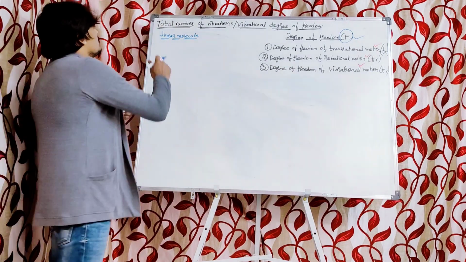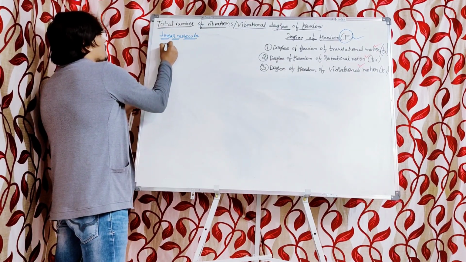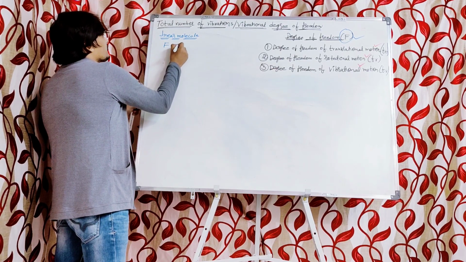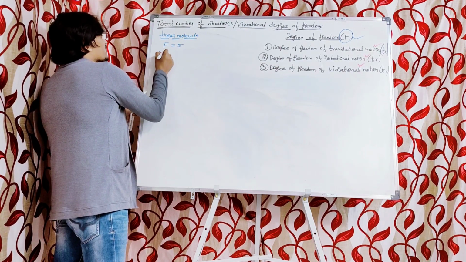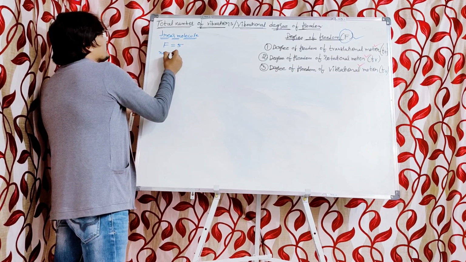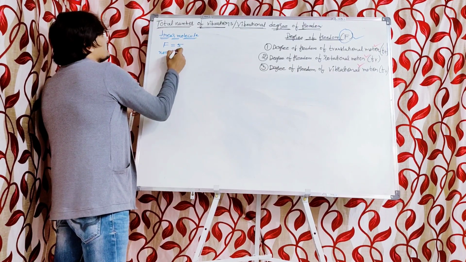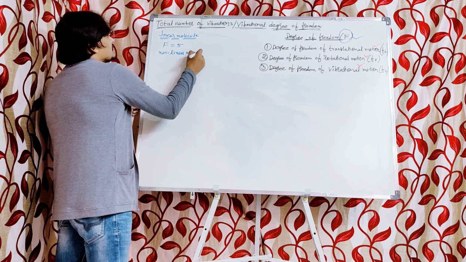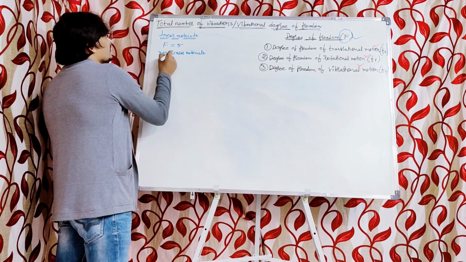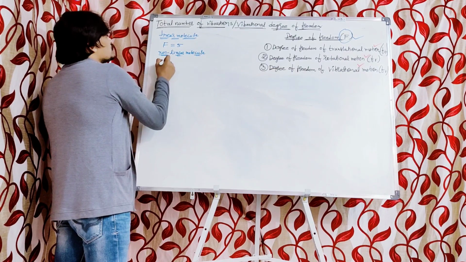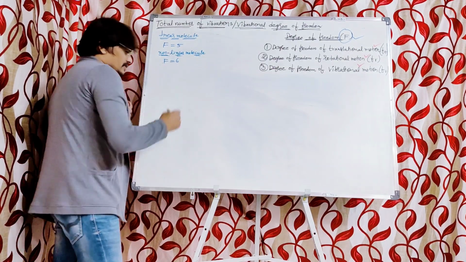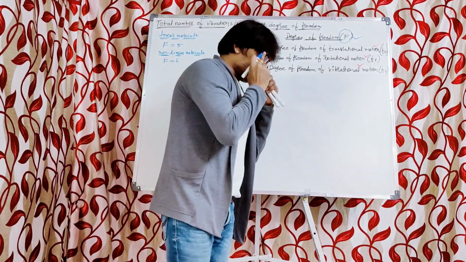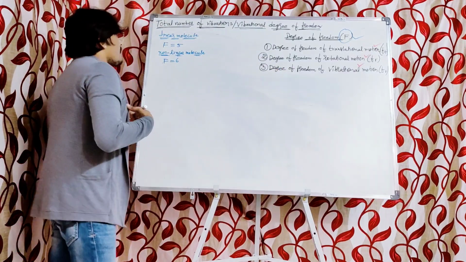So F is equal to 5. For non-linear molecules, whenever the last degree of freedom is not taken into account, then F is equal to 6.